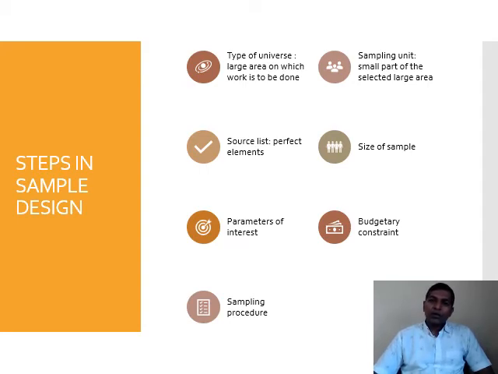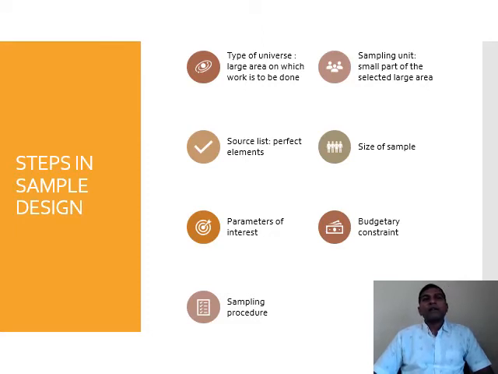So first of all, we should define the area on which we are supposed to work. What is the expected area of research? Once we define it, that will be considered our own universe. This universe is defined with a particular notation so that we can represent it as and when required in the implementation as well as when we write a report.